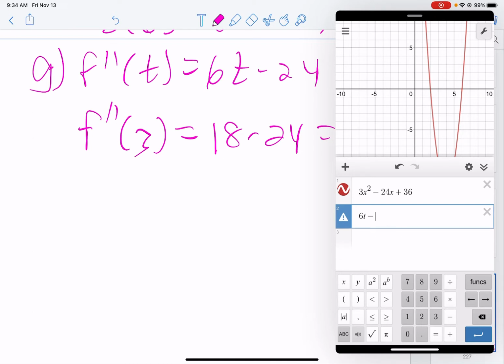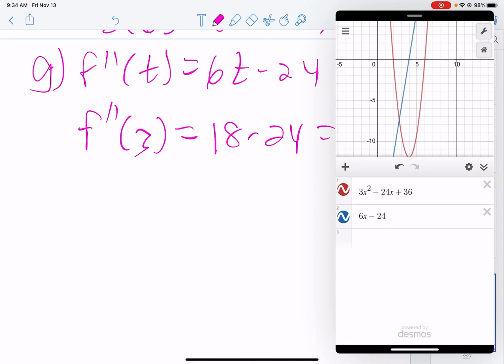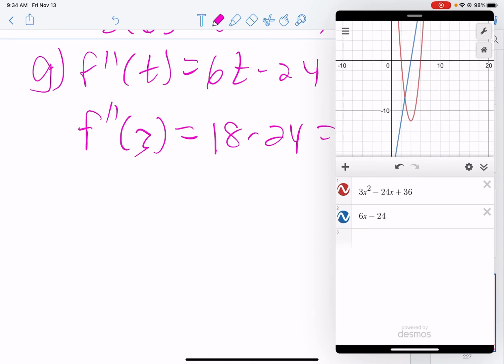Yep, minus 24. I've got to call it x, I'm sorry. Desmos will be confused. Okay. So if they're both above the x-axis, that means that they're the same sign, or both below the x-axis, they're the same sign. So let's compare the pictures for a minute, okay?